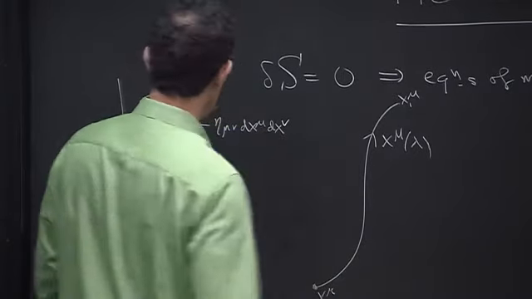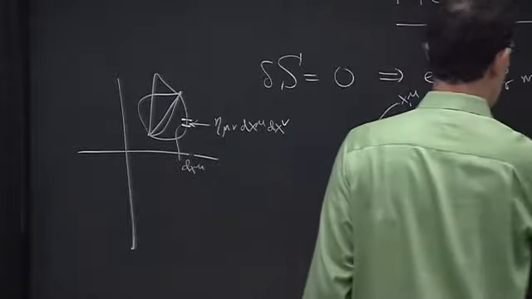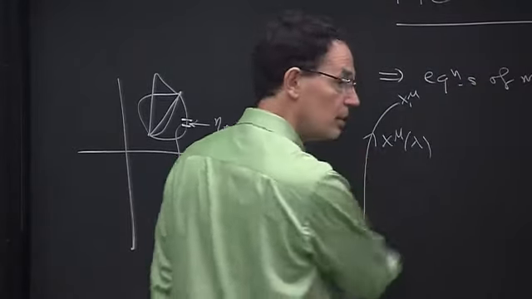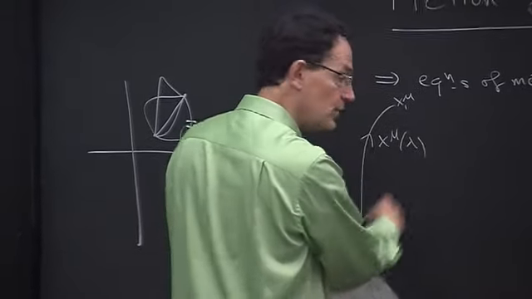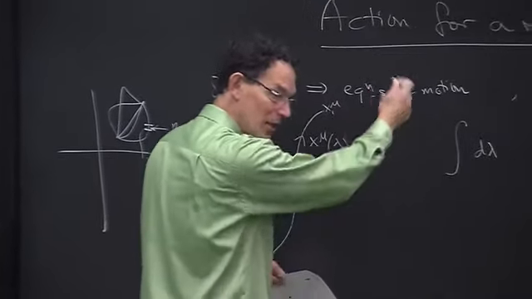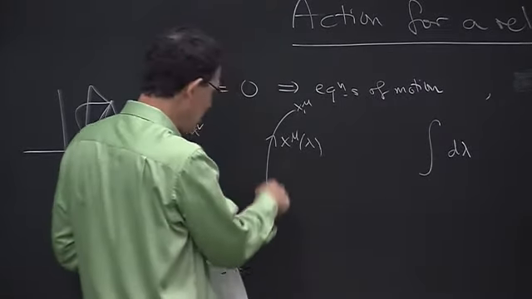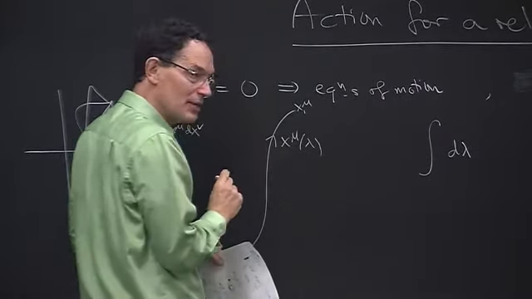So let me try this. I've got to parameterize my path. That plays the role, if you like, of the time along the particle path. It's living in space-time, but there's a parameter which tells me where I am in space-time.